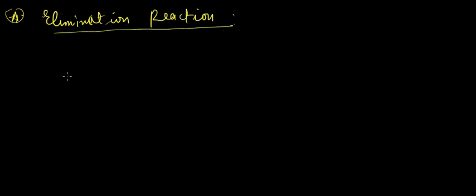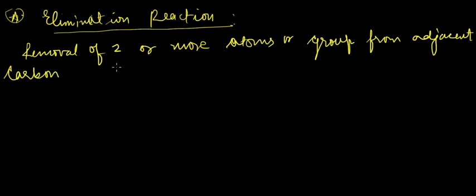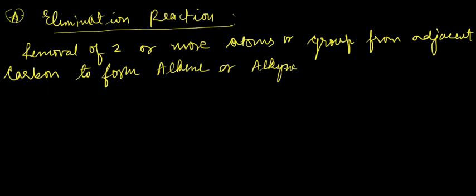Elimination reaction is simply the removal of two or more atoms or groups from adjacent carbons to form an alkene or alkyne as a product.